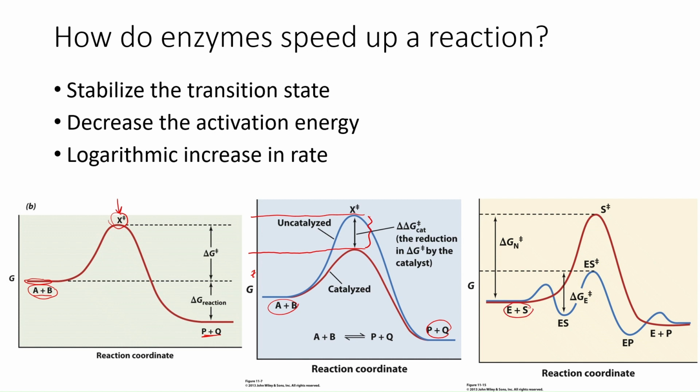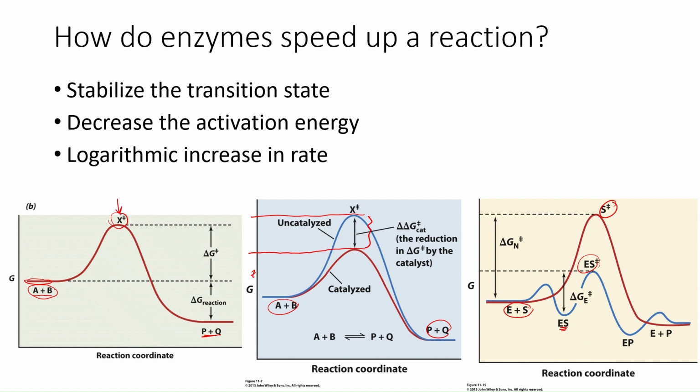Enzyme and substrate are separate, and then they come together to form this enzyme substrate complex, which is lower energy than when the enzyme and substrate were separate. So this is very stable in comparison. And then we have that change to this transition state where there is some activation energy, but it's much lower compared to the activation energy of our original reaction, right?